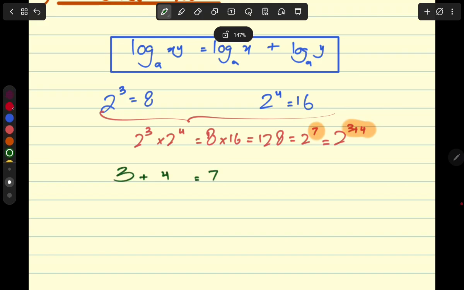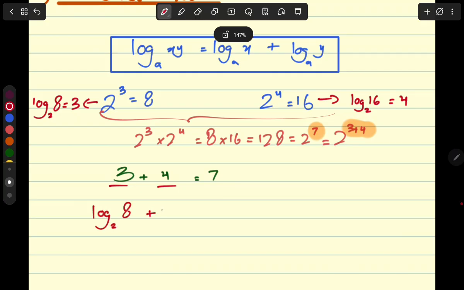Now let me rewrite these exponential forms in logarithmic forms, and we have practiced that fairly well. So log 8 to the base 2 is 3 and log 16 to the base 2 is 4, right? Let me replace this 3 and 4 by the logarithms. So this becomes log 8 to the base 2, and this becomes log 16 to the base 2.